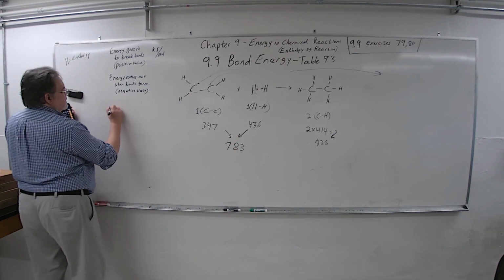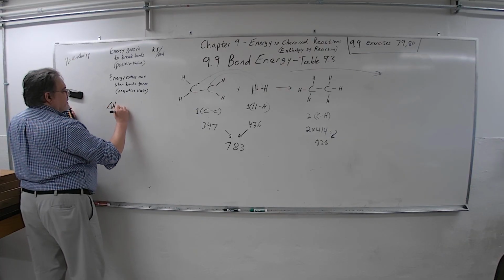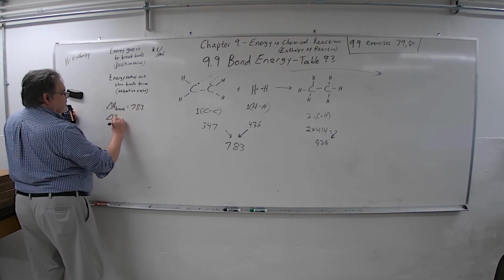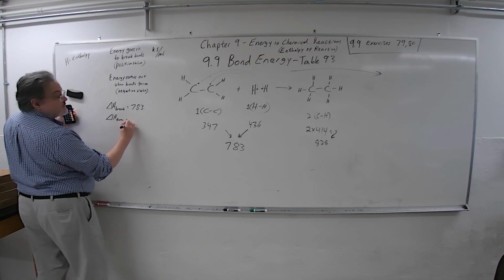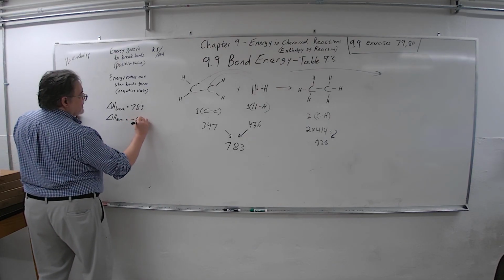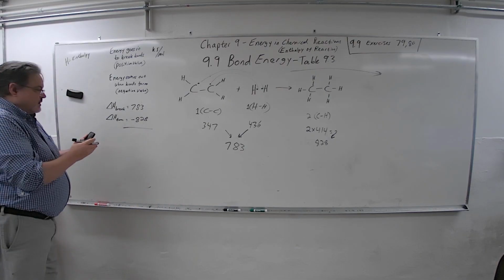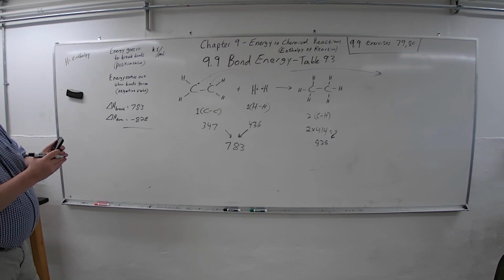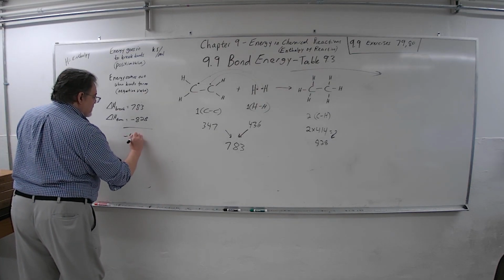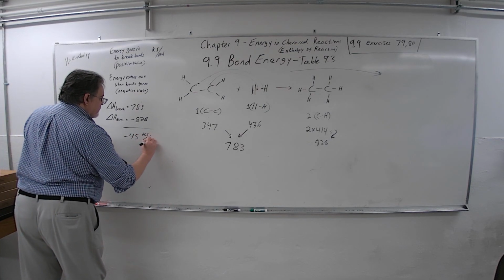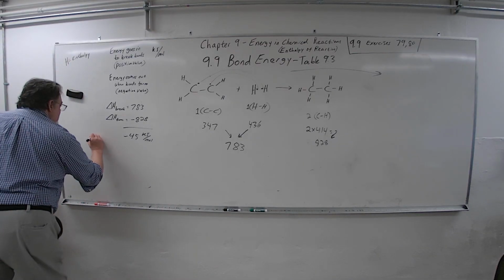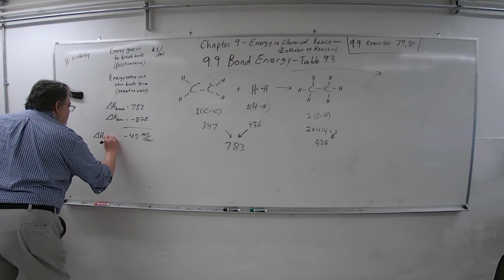So I'll write delta H to break the bonds, 783. Delta H to form bonds is negative 828. So our estimated delta H here is 783 minus 828. Delta H of reaction.